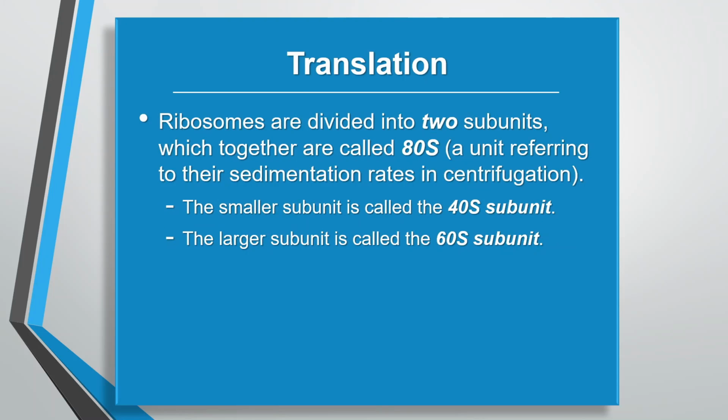The ribosomes are divided into two subunits, which together are called 80S. The smaller subunit is called the 40S subunit, while the larger subunit is called the 60S subunit. And that is actually made up of three other subunits. Ribosomes bind the messenger RNA with the help of things called initiation factors.